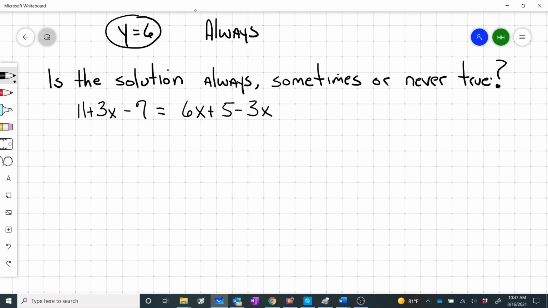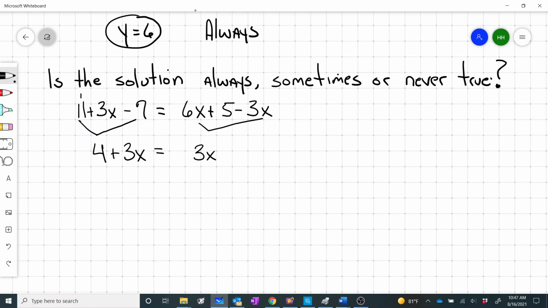The first thing that you have to do in this problem is combine like terms on both sides. So we got this 11 and this negative 7. Alright, so that gives us a 4. 4 plus 3x. And it's equal to, when we combine this 6x and this negative 3x, we get 3x again.